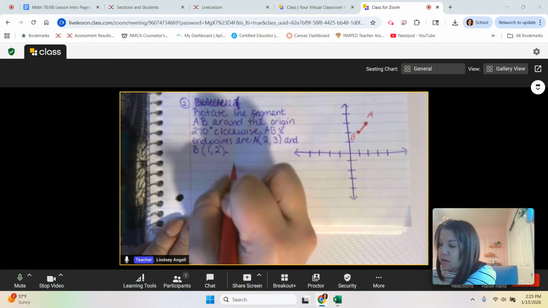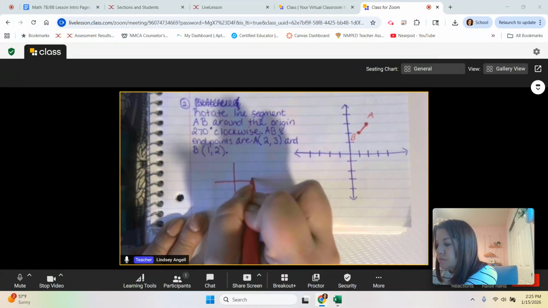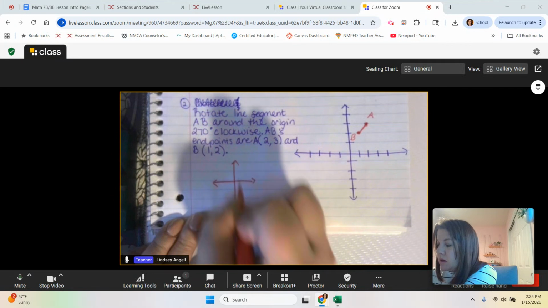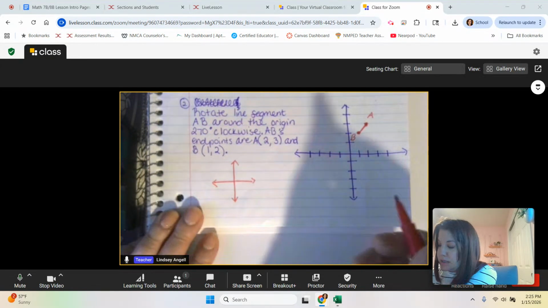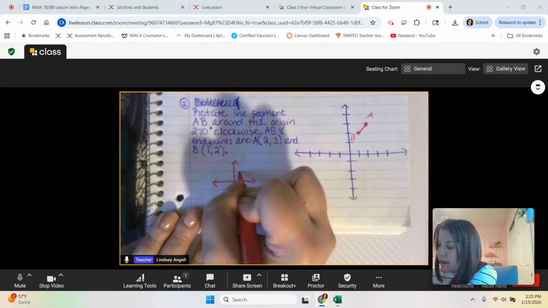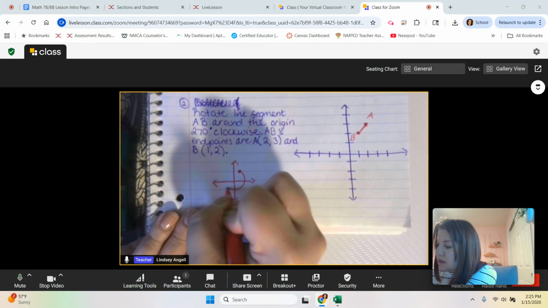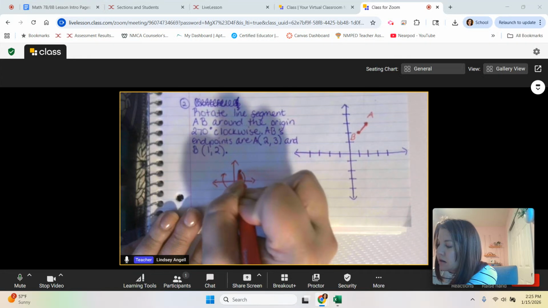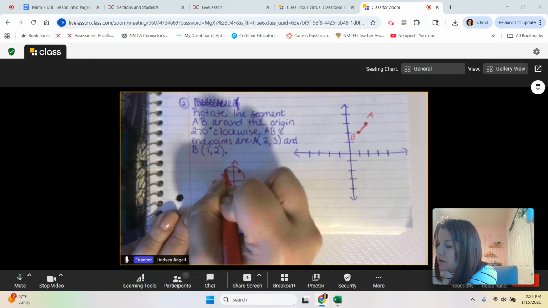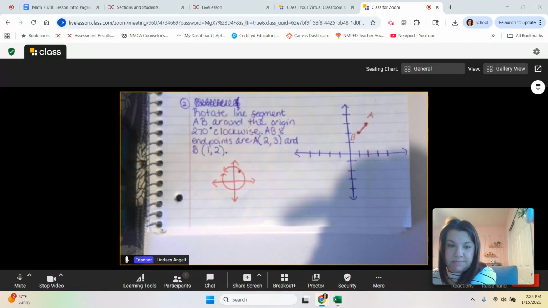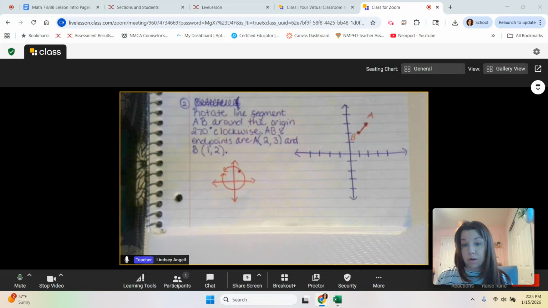Let me make like a little mini coordinate plane down here. So like if we're right here, 270 degrees clockwise would get us here. 90 degrees counterclockwise gets us to the exact same spot, making that full circle.